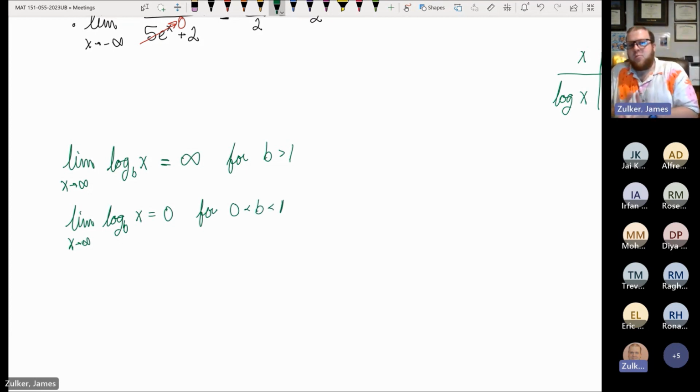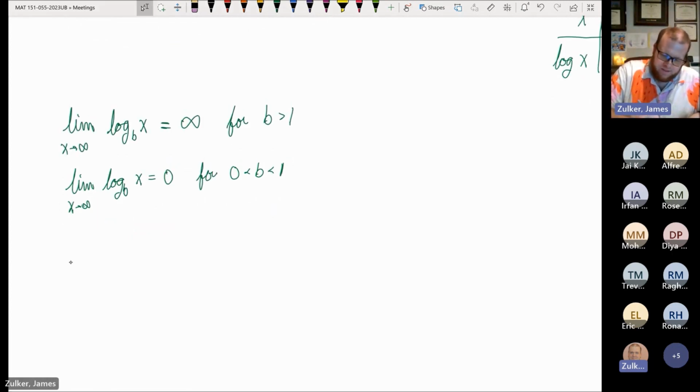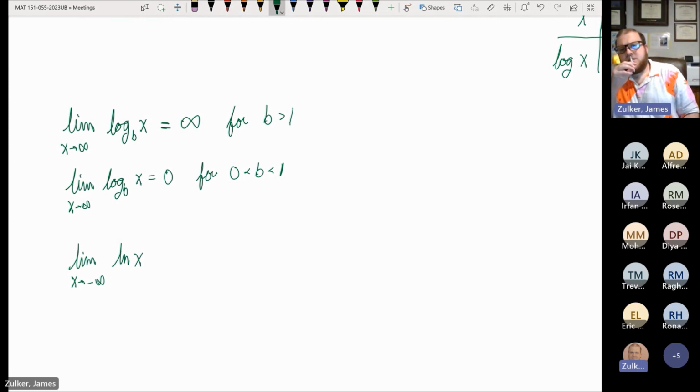Because if we're between 0 and 1, actually, the log will go to 0. Since natural log is the most common, what do we think the limit as x approaches negative infinity of natural log of x is going to be?